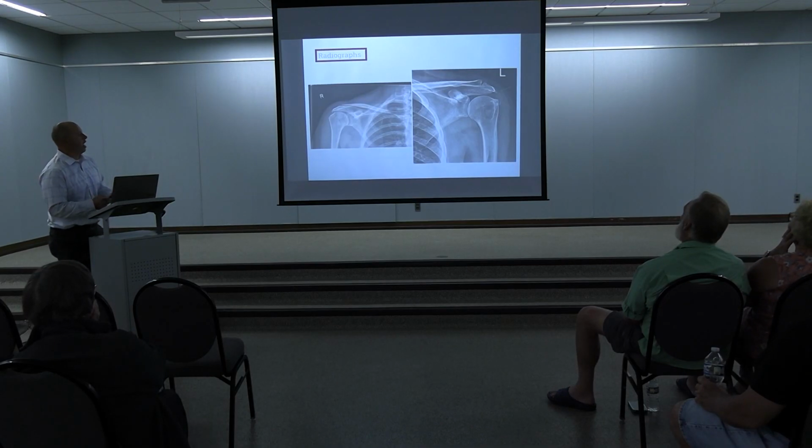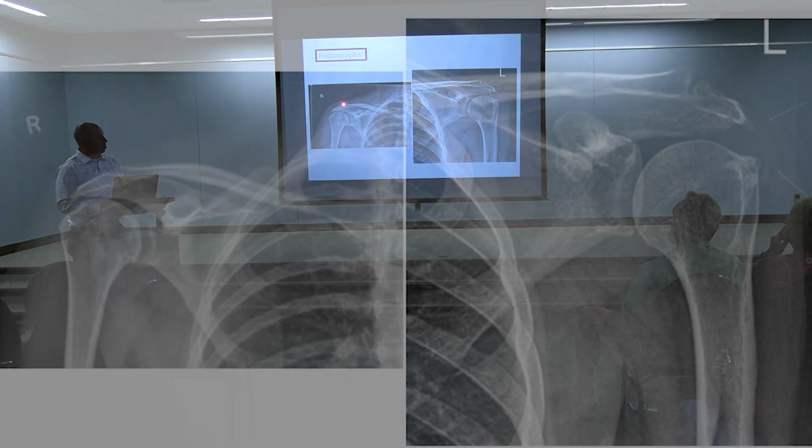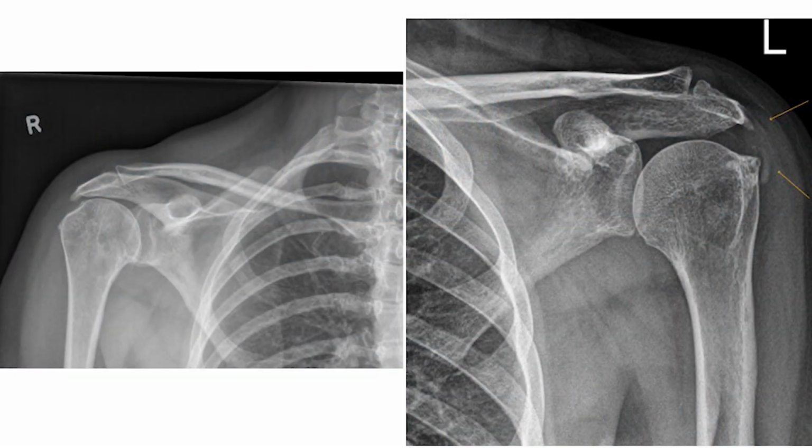So here we're looking at x-rays. On the left here's your collarbone, a shoulder blade. And if you look real close, you can see a little bone spur at the end of the shoulder blade there. And that narrows the space where that rotator cuff tendon is passing through the shoulder, attaching on the outside of the humeral head here. You actually have a little bone spur at the end of the collarbone here.